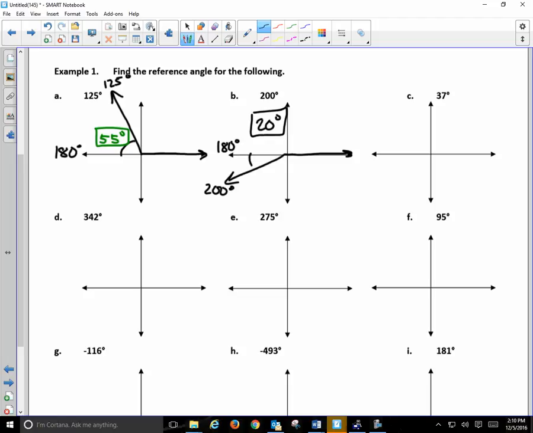So if you're in the second or third quadrant, you're going to be dealing with 180. If you're in the first quadrant, you're going to do a 0, and if you're in the fourth quadrant, you'll be dealing with 360. So 37 degrees. Anybody guess? 37. The angle is its own reference angle.